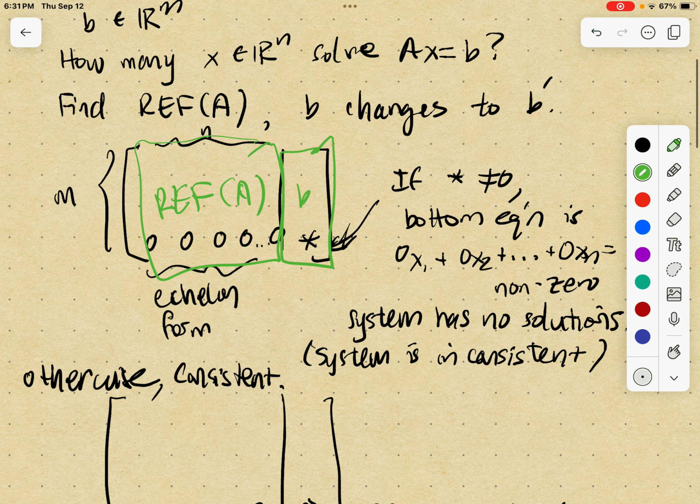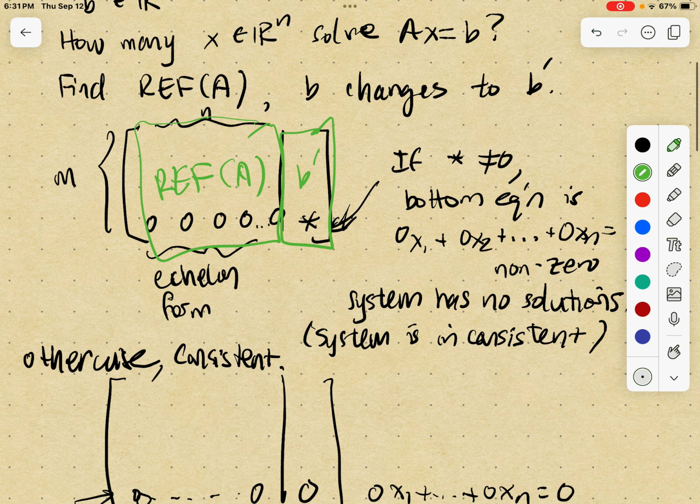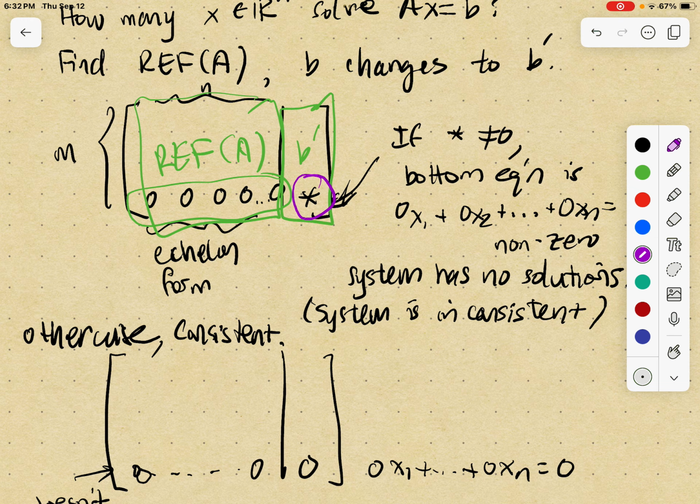It's going to be some different vector like B prime. Okay. If you have a row of zeros, and in echelon form all the rows of zeros are at the bottom, and then a non-zero number here, then the system is inconsistent, obviously, because you're going to get 0 equals a non-zero number. However, if that doesn't happen, then the system is consistent.